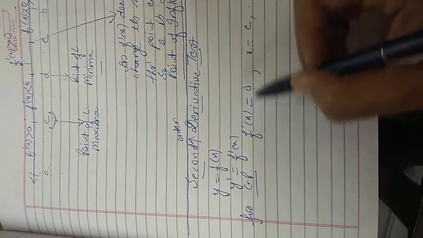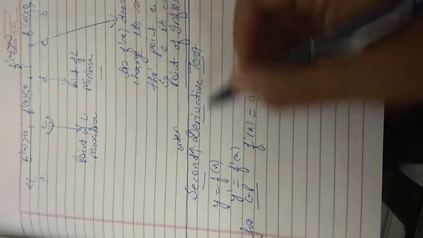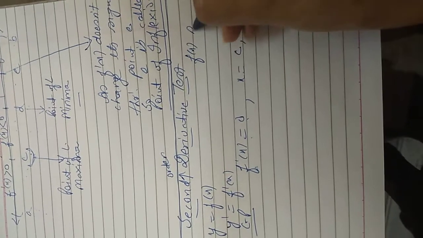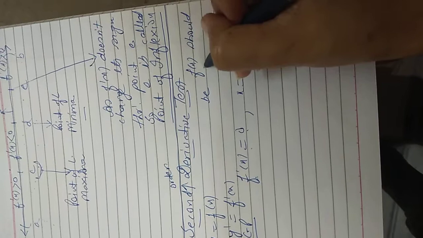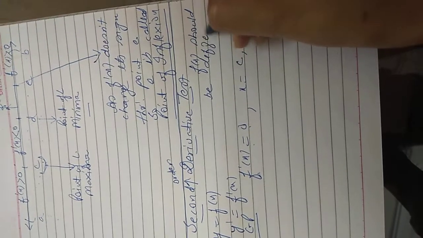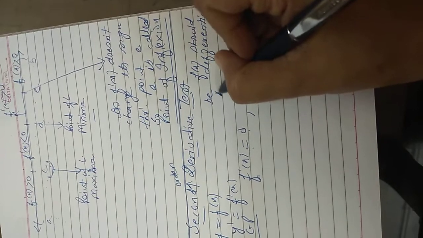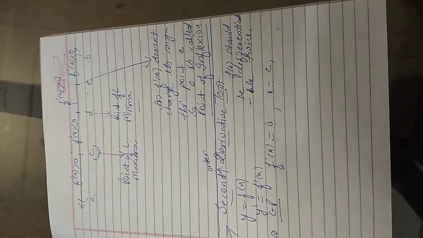Now, the most important condition for the second order derivative test is that the function should be differentiable twice, right? If the function is a linear function ax plus b, I can differentiate it once only.